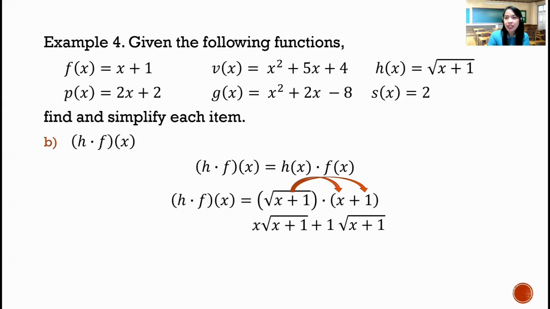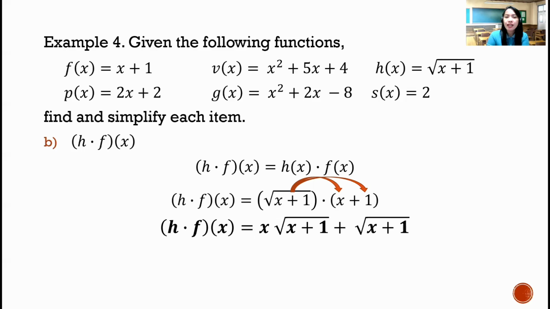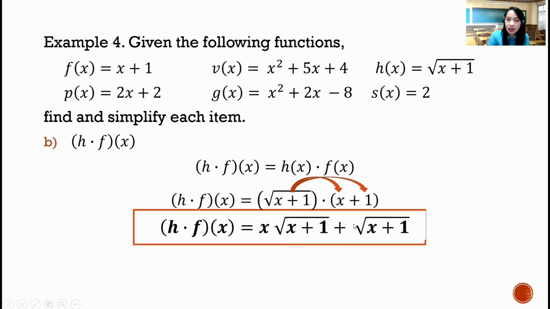So, here, ang magiging equation natin ay h times f of x, that is equal to x times the square root of the quantity x plus 1 plus, kung makikita natin, inalis ko na yung 1 dito bago yung square root of the quantity x plus 1. Okay lang siya. Kasi we consider this one as a variable. So, automatic na ang coefficient nito ay 1. Mayroon 1 dito. So, this is our final answer.